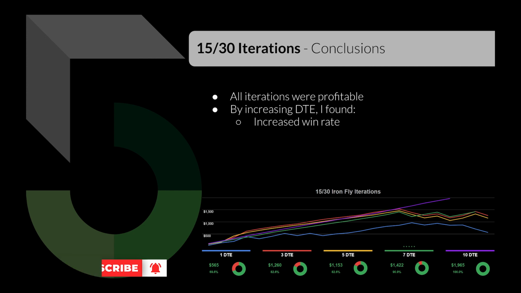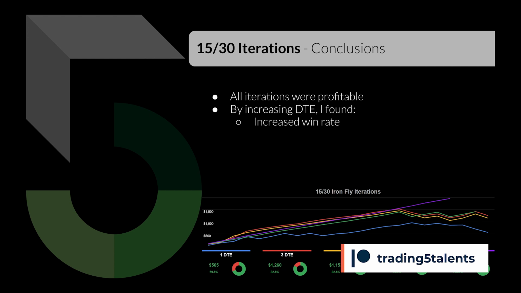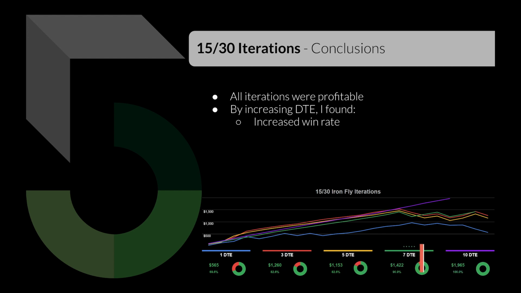With a 1 DTE, it's a 69.6% win rate. 3 DTE, it was an 82.6% win rate. 5 DTE, 82.6% again. 7 DTE, 90.9% win rate. And on my 10 DTE, there was a 100% win rate. So every single one of those trades was profitable. They all reached their 15% profit target. So increasing the DTE increased the win rate as well.